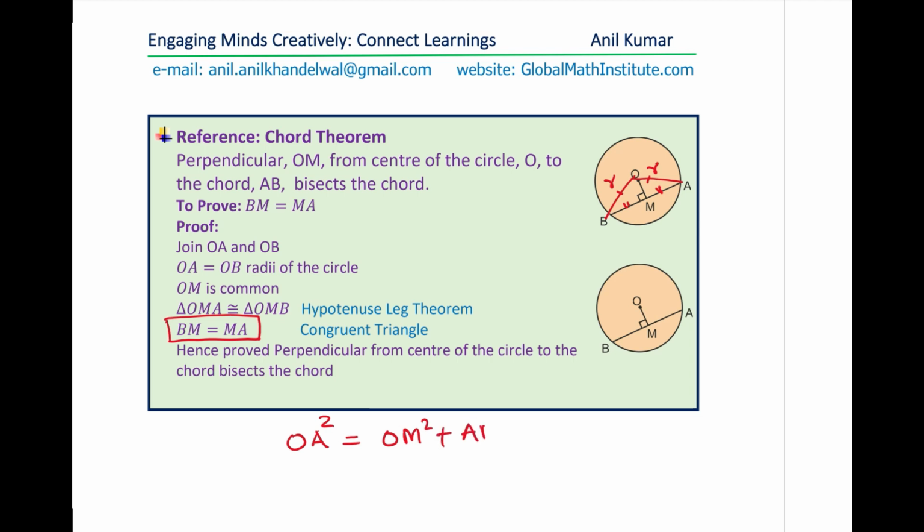So the radius OA, square of that, is equal to OM square plus AM square. That is what Pythagorean theorem is. That should help you in solving most of these questions.